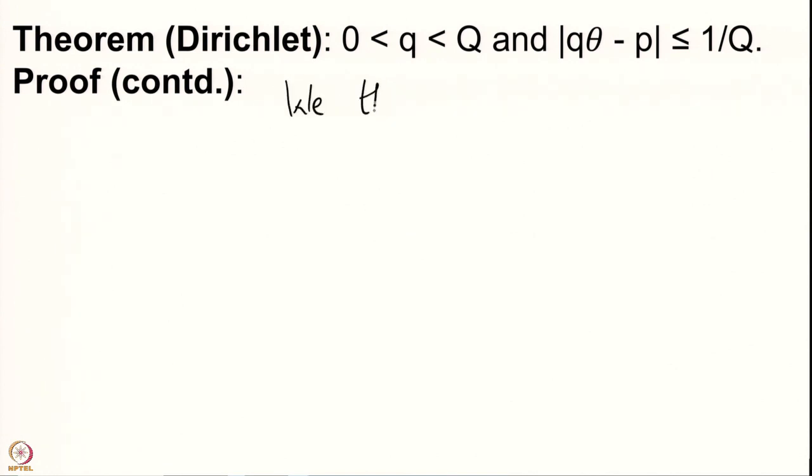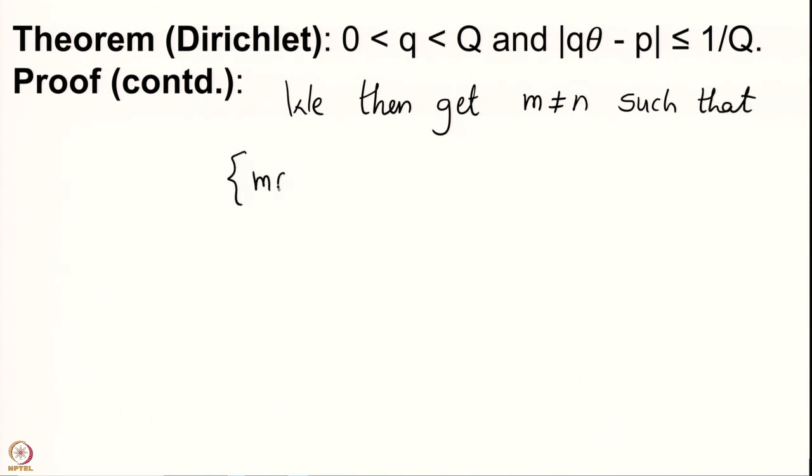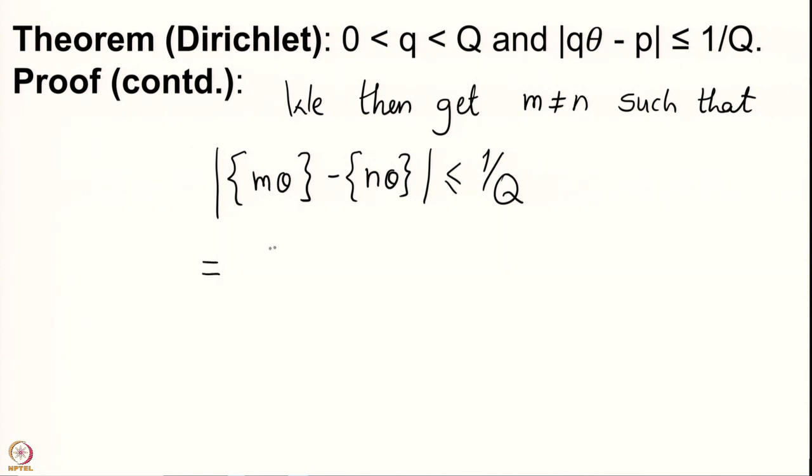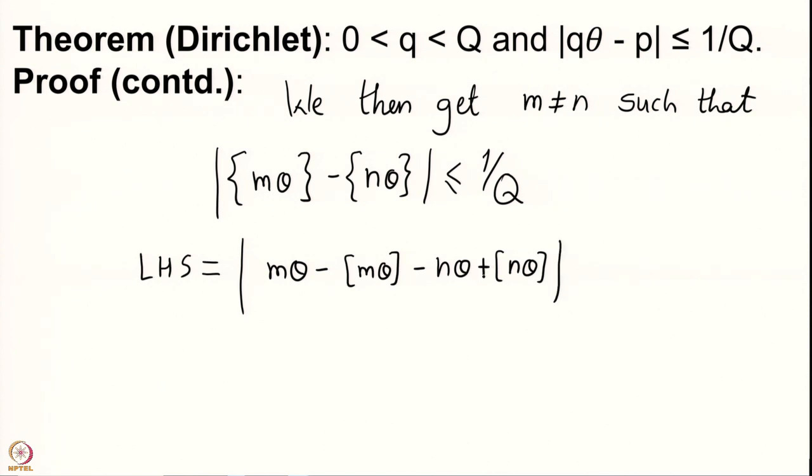So, we then get m not equal to n such that the fractional part of m theta minus the fractional part of n theta is less than or equal to 1 by Q. And if I now explain this notation, the fractional part is nothing but m theta minus the integral part of m theta, and then I have n theta minus the integral part of n theta, which will now become plus.